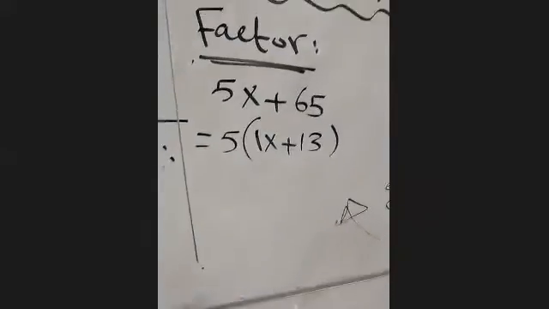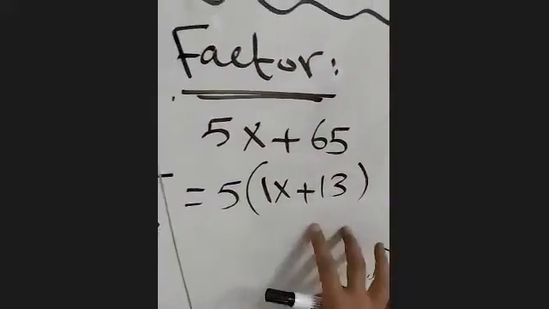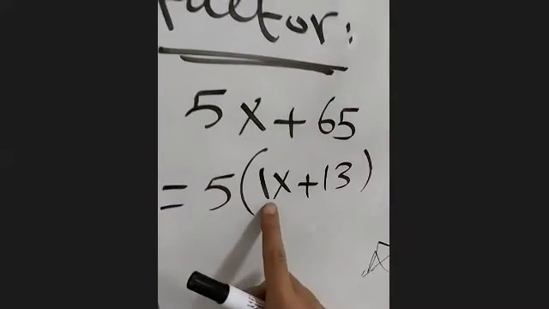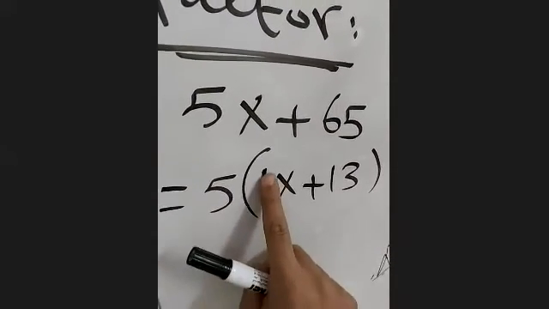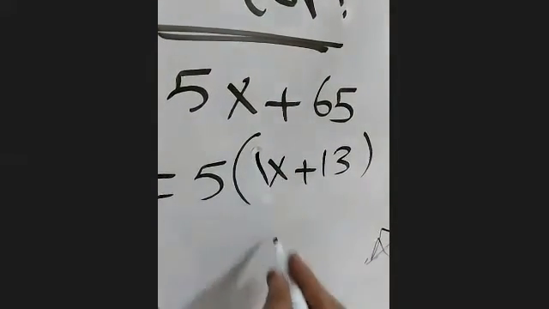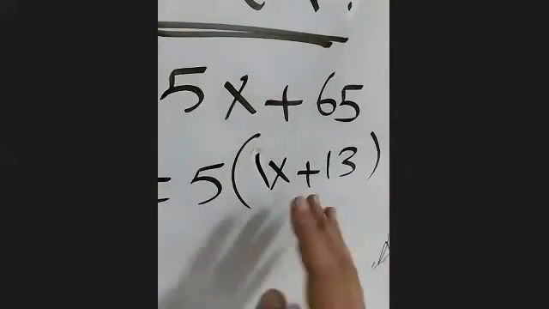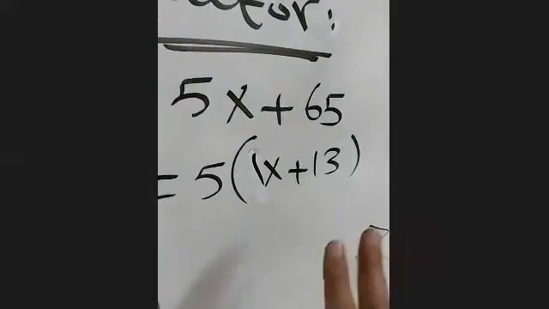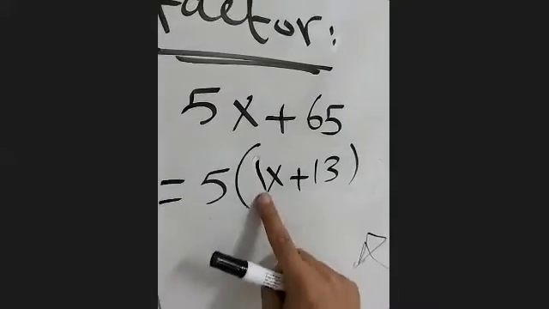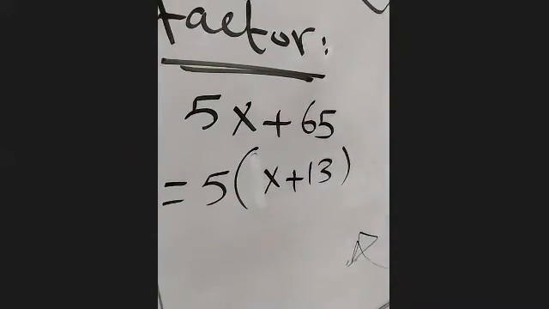Now look here, guys, at this important note: for 1x, there's no need to write the 1. If you write it, it's correct, no problem, but get used to not writing the 1 beside x.